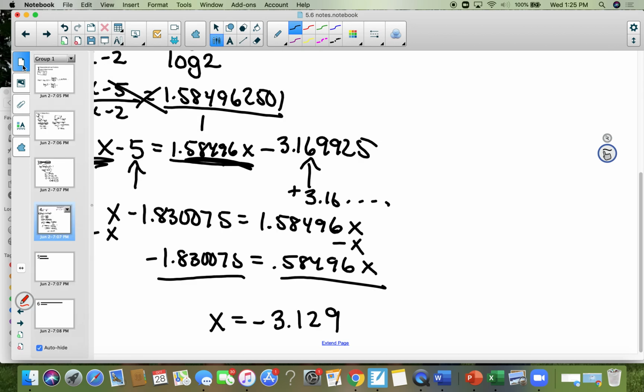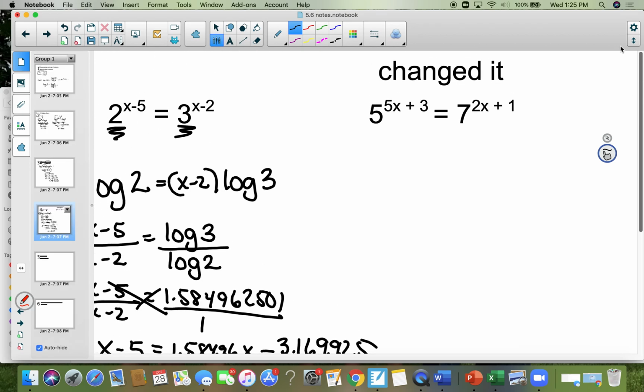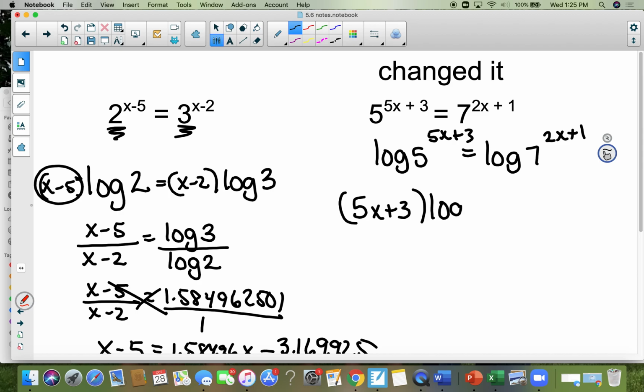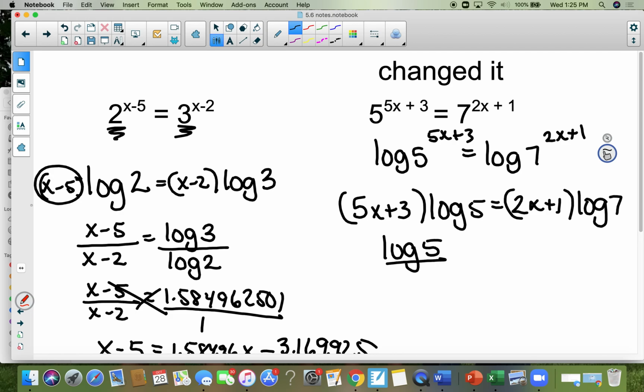Same thing with this one. Log both sides. I'm just going to go a little bit faster. You're going to get really weird decimals. Put the 5x plus 3 out in front. Put the 2x plus 1 out in front. Bring the log of 5 divided by the log of 7.